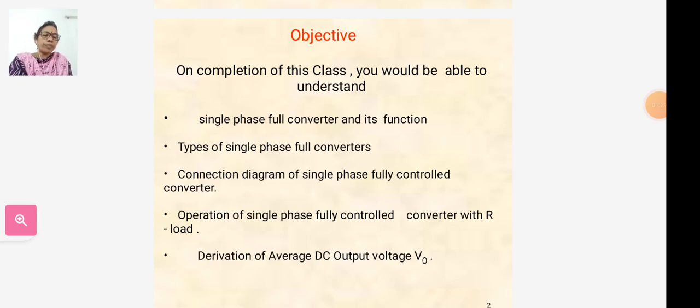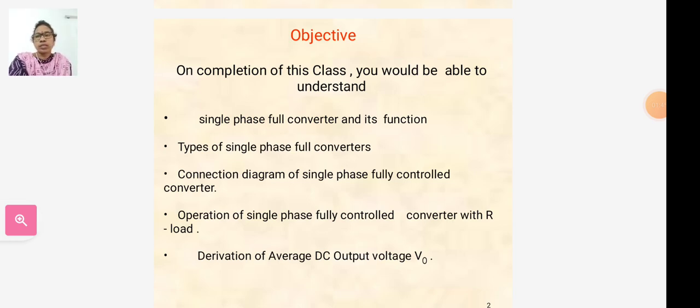In order to improve the waveform of load current I0 and the power factor of the circuit, a diode is connected across the load and is called a freewheeling diode. It is also called a bypass or commutating diode. So this is the need of the freewheeling diode.